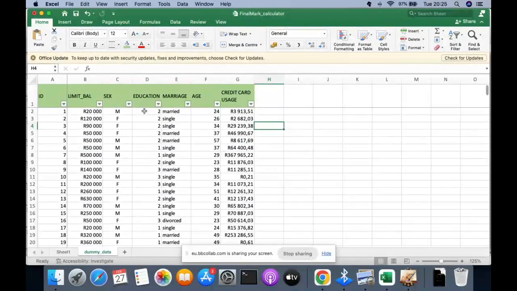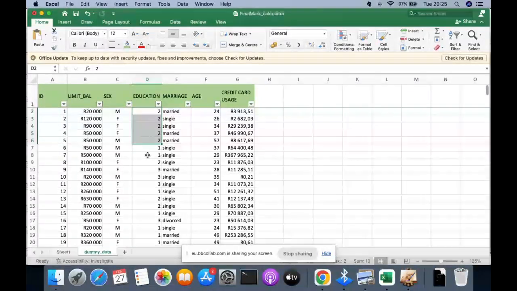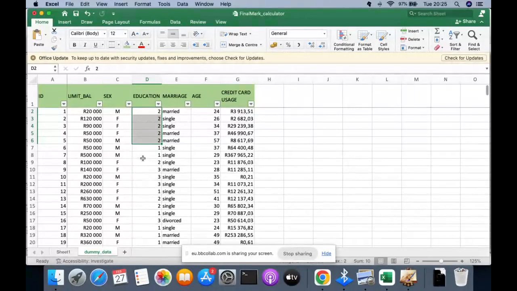Now let's look at education as an example. We know education is categorical, that it's qualitative. If I had to average the education for the first 5 people, that's not going to make sense. One person has a diploma, the next person has a degree, and the third person has a master's. If I average those numbers and I get, let's say, 2.5, that doesn't tell me anything about their qualification.